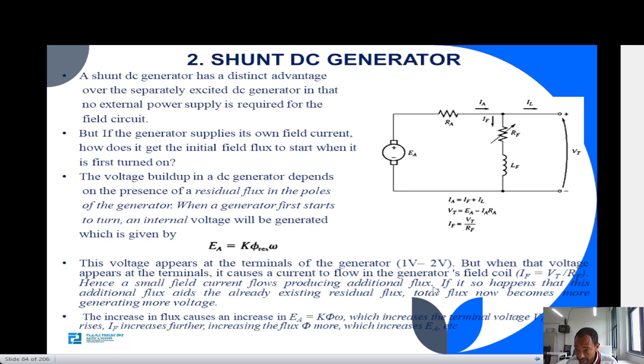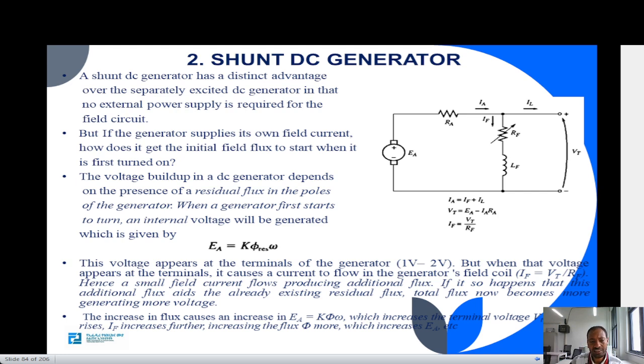This additional flux adds together with the residual flux, so the total flux, phi residual plus phi 1, becomes more, generating more voltage. So it will be gradually building, increasing the flux and causing an increase in EG or EA.